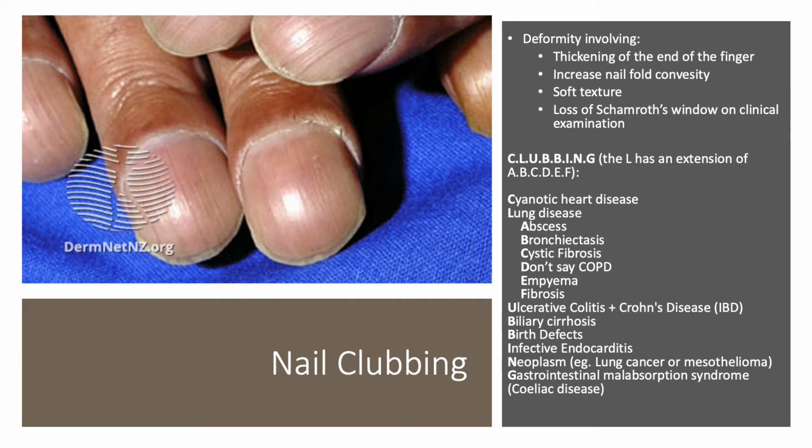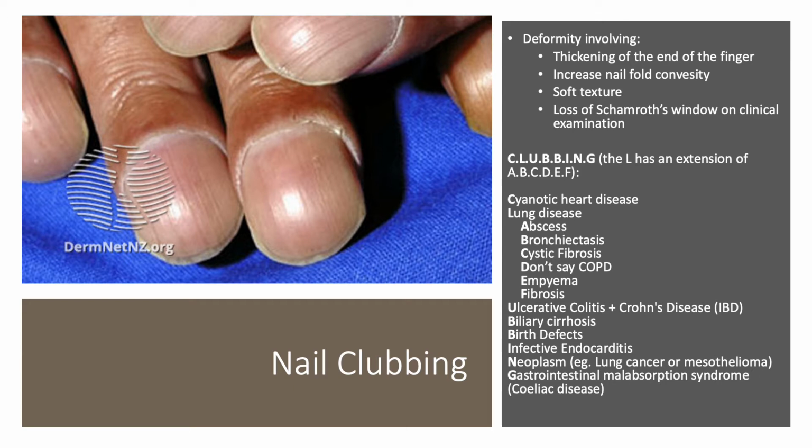So using clubbing as an acronym to remember the causes of it, you have C for cyanotic heart disease, L for lung diseases, and the L has an extension of A, B, C, D, E, F. The A is for lung abscesses, B is for bronchiectasis, C for cystic fibrosis, and the D is there to help you remember that you do not say COPD.